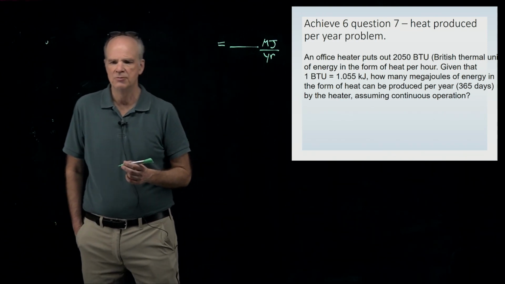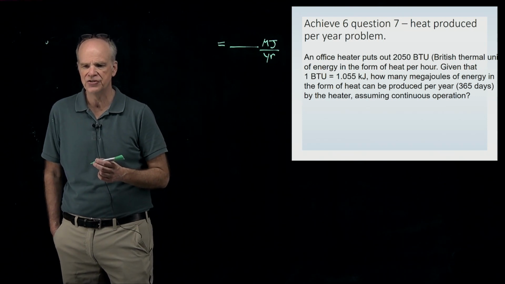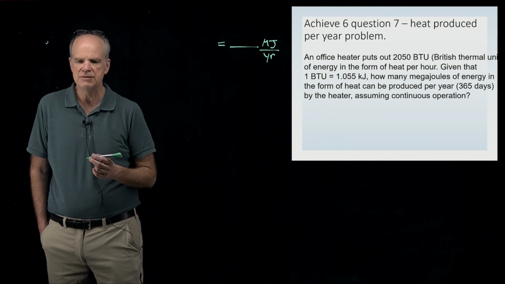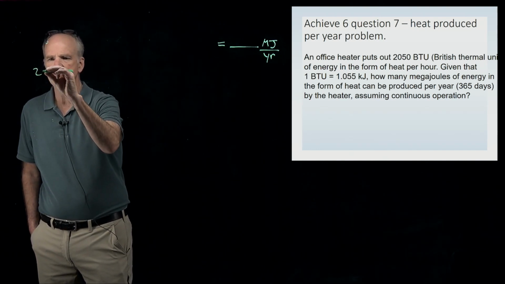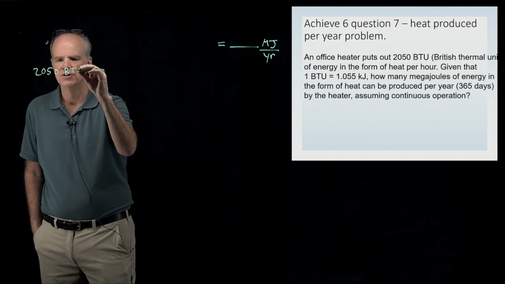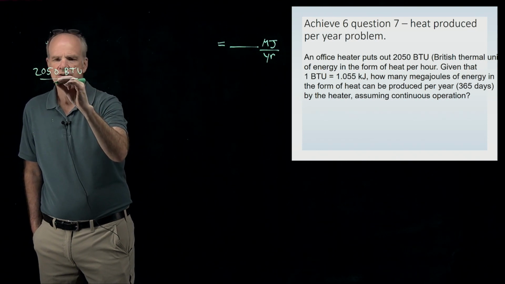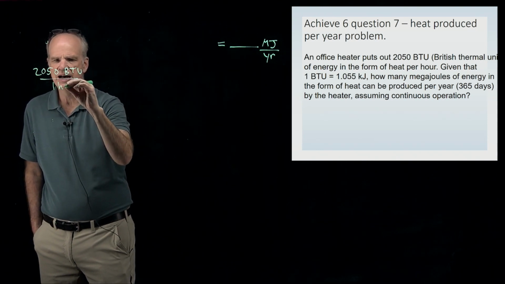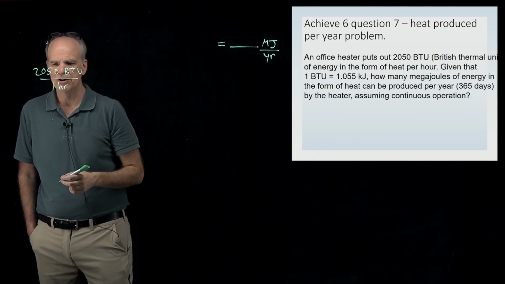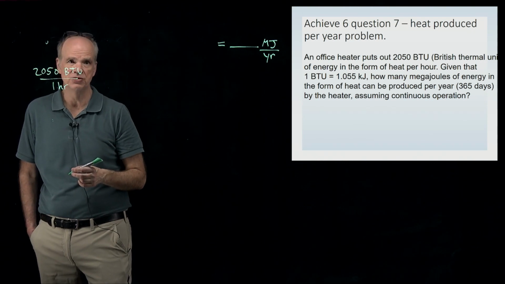Okay, so let's go ahead and write down some of the information that we have. It says the office heater puts out 2050 BTUs of heat per hour, so I can write 2050 BTU per hour. So we're going to have that. BTU is also a unit of energy. Now, we're actually given a conversion there of BTUs to something closer to joules.